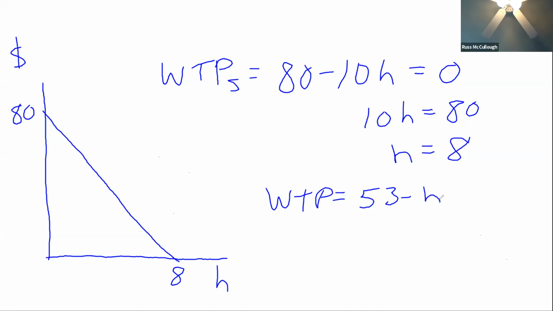So now you're going to have something over here, I'm just eyeballing, but 53. And where does this one equal 0? If we do the same exercise, where does it hit the horizontal axis? If we set that equal to 0, it's going to be at 53.